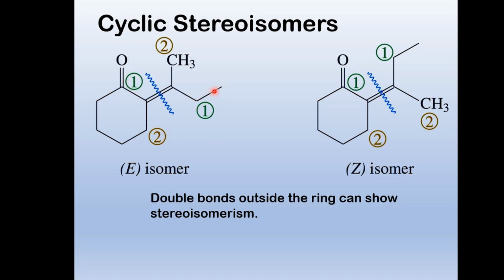And then likewise here, we give this higher priority. We give an ethyl higher priority over a methyl. So this is the E isomer, and if this came out the other way around, then over here, the ethyl has higher priority over the methyl. So this is the Z isomer. The higher priority groups are on the same side.